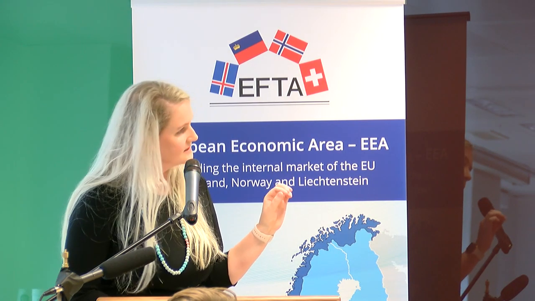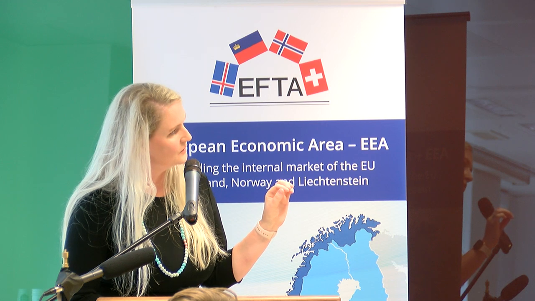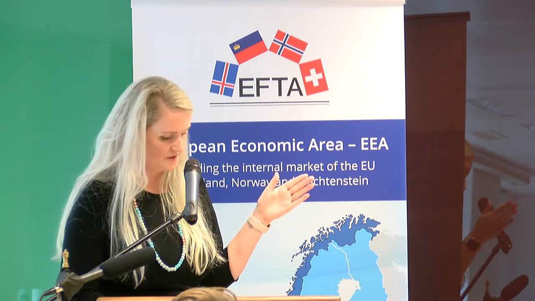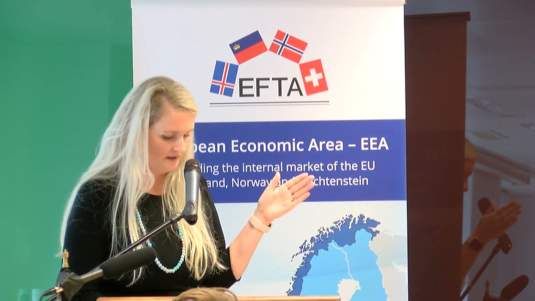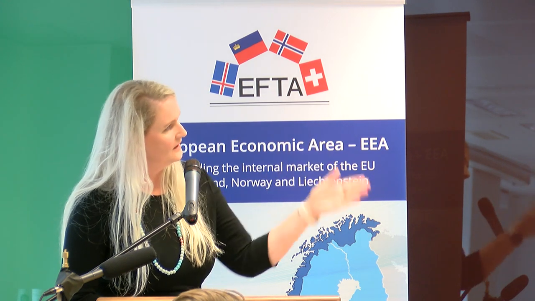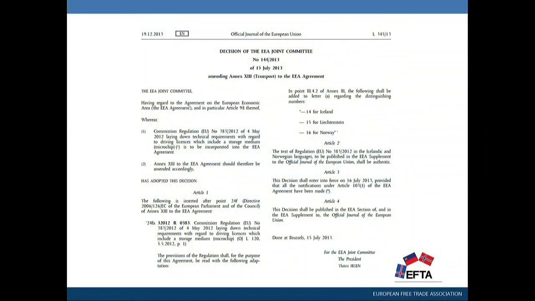And then this one has a so-called technical adaptation. This means that when this regulation is applied in the EEA, it always has to be read with that adaptation in mind. Here it is adding the 3 EEA EFTA states to a list of member states.